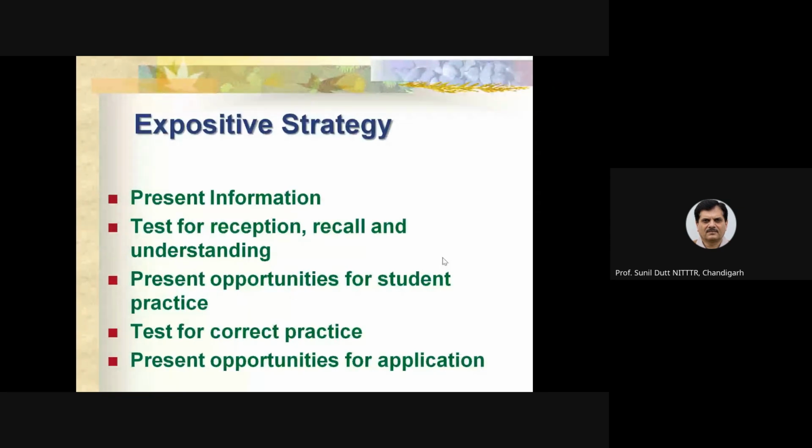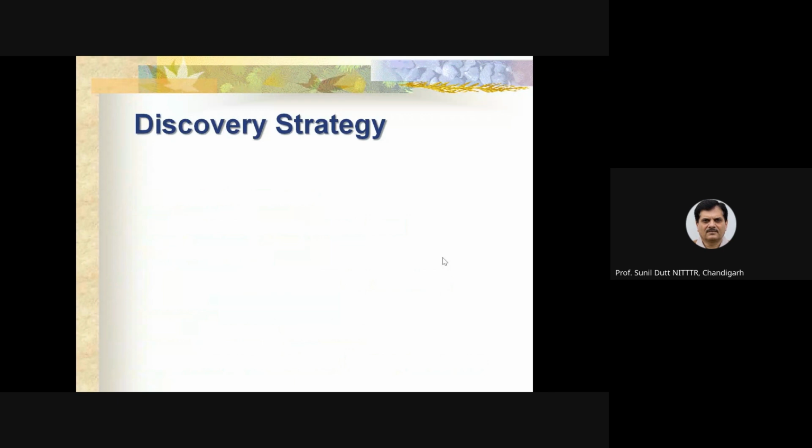We focus only on the first step, we ignore the remaining four steps. Okay, so as a teacher, in order to make lectures more interactive and more effective, we need to use the expositive strategy in a proper manner. Now coming to the discovery strategy, which involves training through discovery by students.